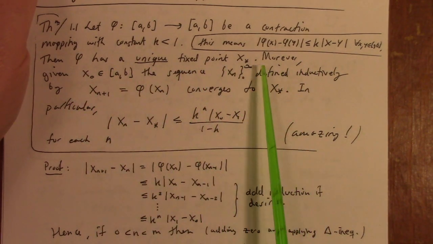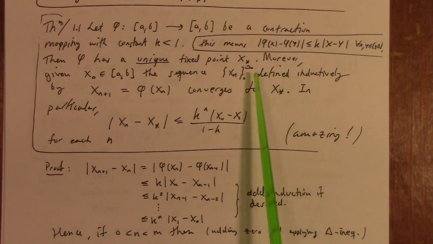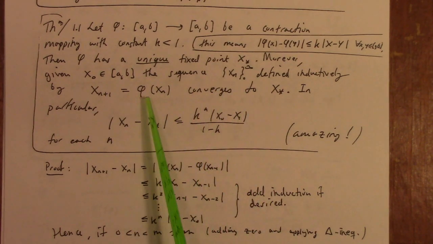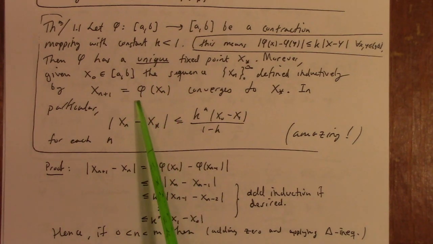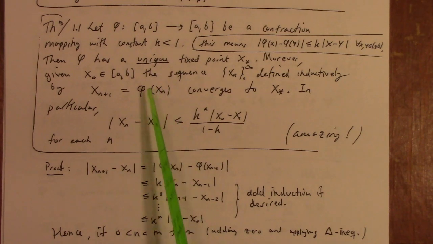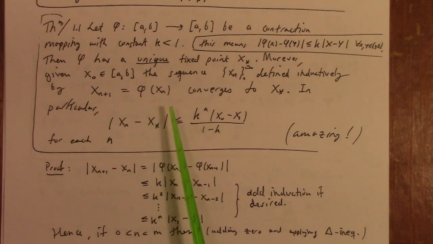Otherwise, it's almost the same. We get the sequence defined by repeatedly acting with the contraction, x_n giving us x_{n+1}. That was the same as what we just did for the Banach fixed point theorem.